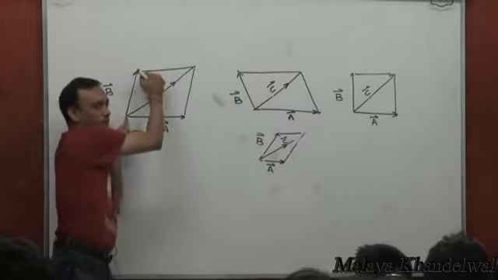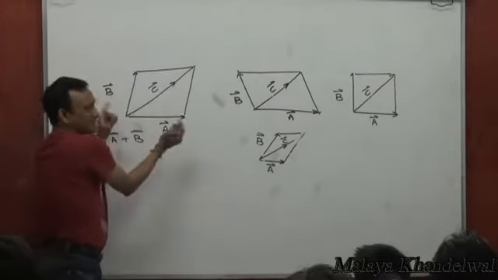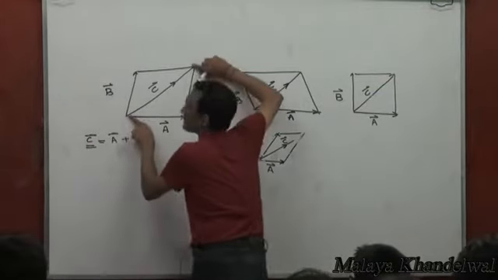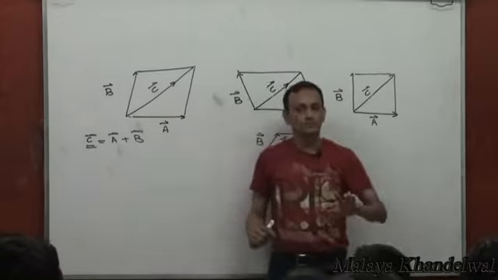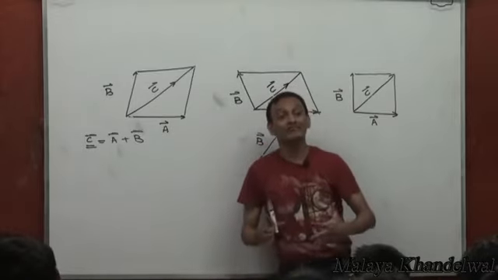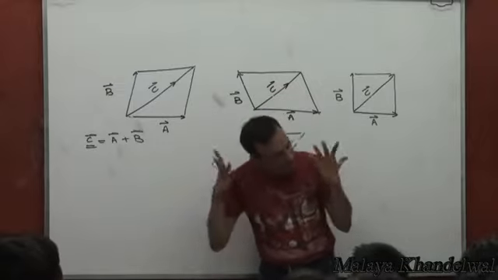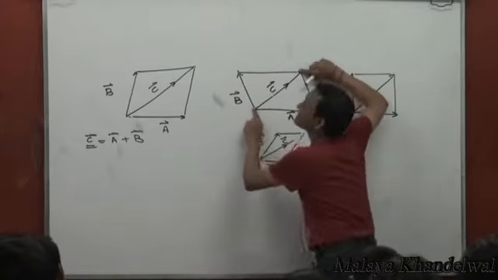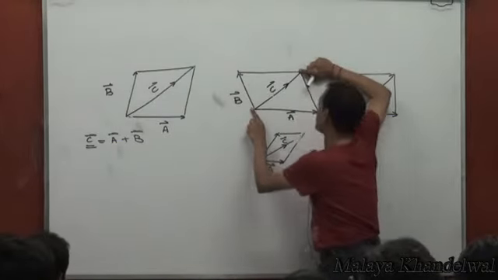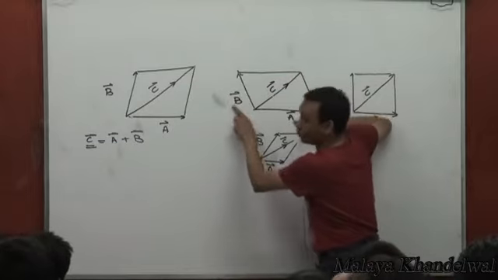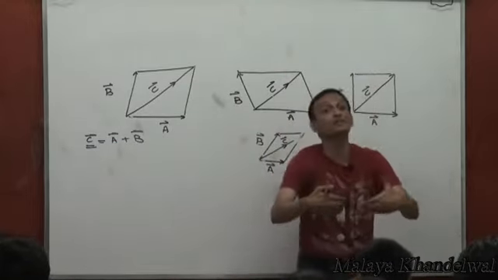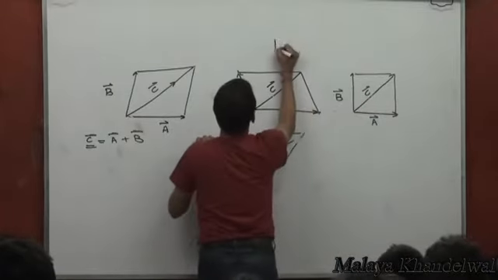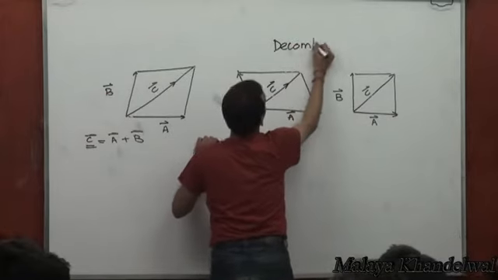Now, given two vectors A and B, if I have to replace those two vectors by one single vector C, then the process is called finding the equivalent or the resultant, right? However, given a vector C, the process of finding two vectors A and B whose resultant is C is called decomposing or resolving the vector.